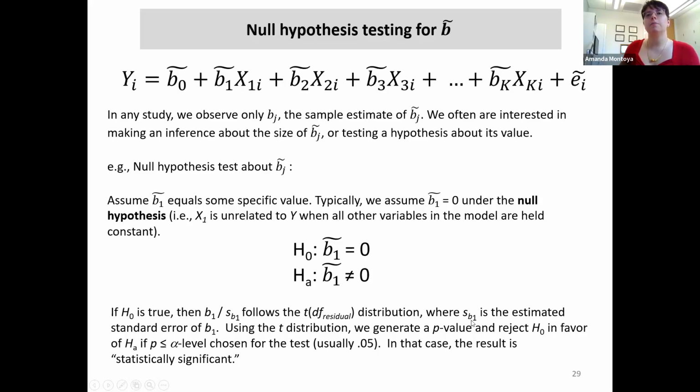And SB1 here is the estimated standard error of B1. So we could then use a t distribution to find a p-value that we would then reject if it is less than or equal to some alpha level that we've predetermined. At least in my field in psychology, a lot of the time we use 0.05. That's pretty arbitrary, but just whatever significance level you tend to use.